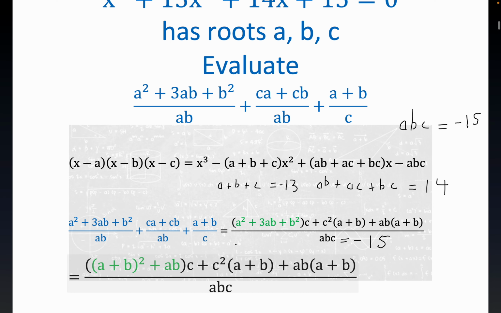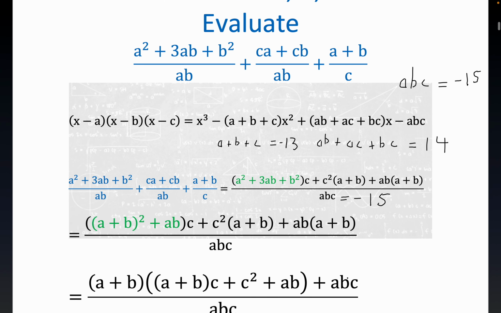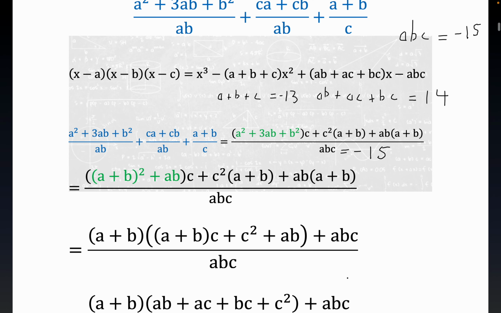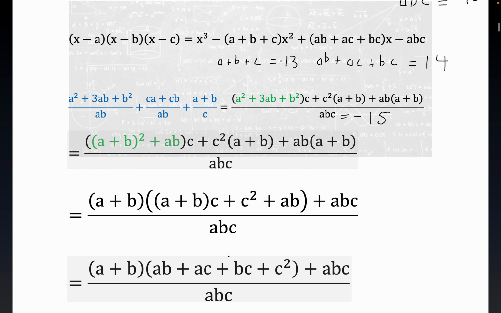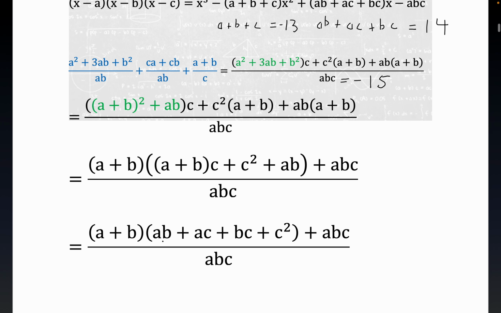This was motivated because when you write this greened out expression like this, you get a common factor of a plus b. The rest of this is just bash-it-out algebra, which is a term used in the Olympiads, by the way. I factored the a plus b out. That was the motivation for writing this like a plus b quantity squared.